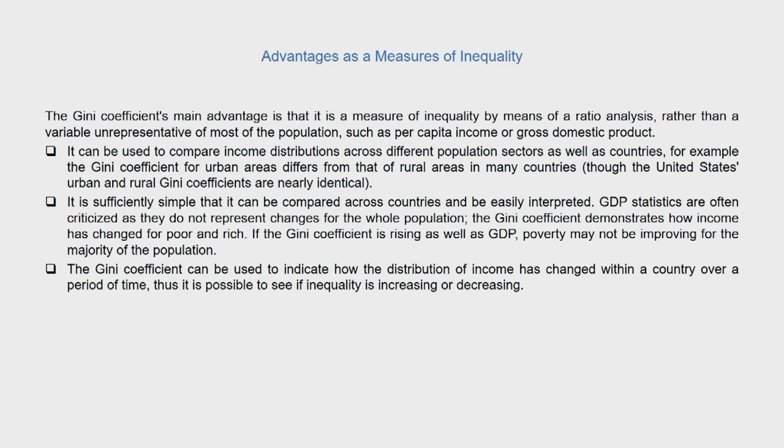It is a ratio analysis, rather than a variable unrepresentative of most of the population such as per capita income or GDP. When we are using gross domestic product or per capita income as a measure of inequality, we have already seen in the earlier classes how the inherent limitation of GDP or per capita income is that it does not account for inequality within a country or a region.